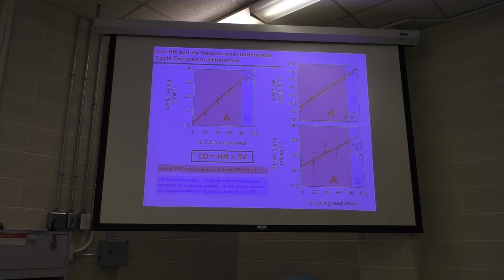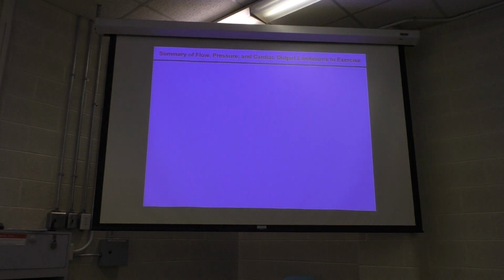It's going up and up and up, but the stroke volume's starting to come down. And if only we could keep stroke volume going up, we wouldn't get this limitation to cardiac output, we wouldn't get the limitation to mean arterial pressure, and we'd be able to exercise longer. Does that make sense? Nice. Ooh, I got 3 nods there. Okay.